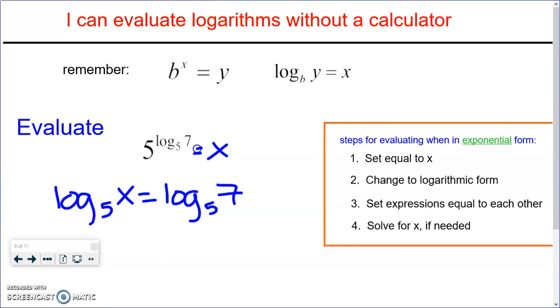And we're going to get into some properties a little bit later, but one property I can tell you right now, if it's a log with the same base, the two things equal each other, which means that this will equal this since they are both log base 5. So x equals 7.